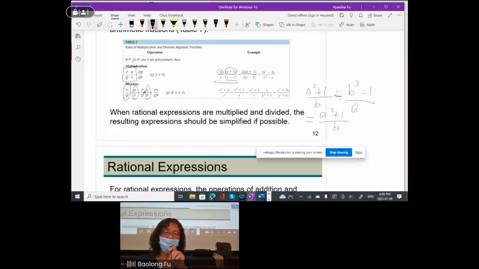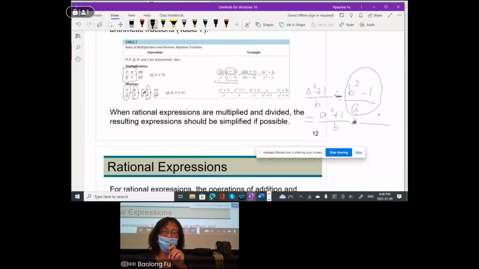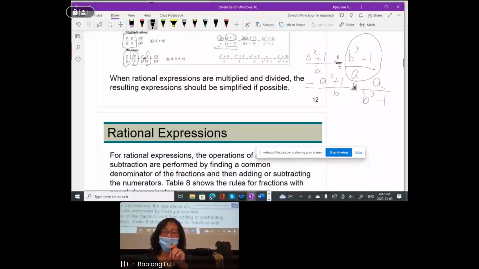Change this division to multiplication. And then flip top and bottom for the second part. The bottom becomes top, the top becomes bottom. And then you use top times top, bottom times bottom.